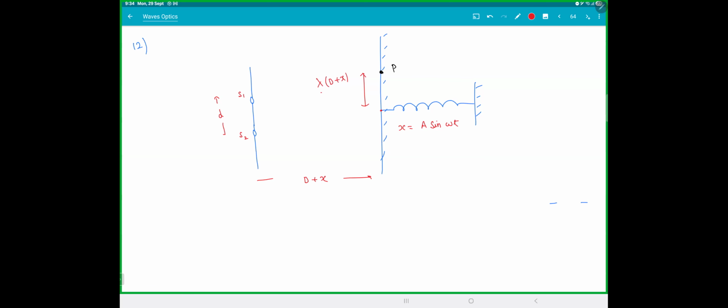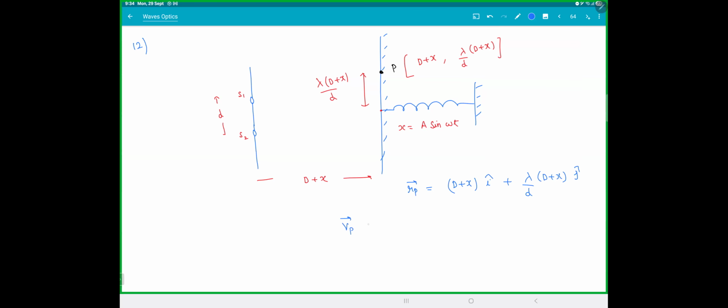So the coordinates of point P will be (D plus x, lambda (D plus x) by d). So point P is going up and down also. It is also going left and right. So the position vector of point P will be (D plus x) i cap plus lambda (D plus x) by d j cap.